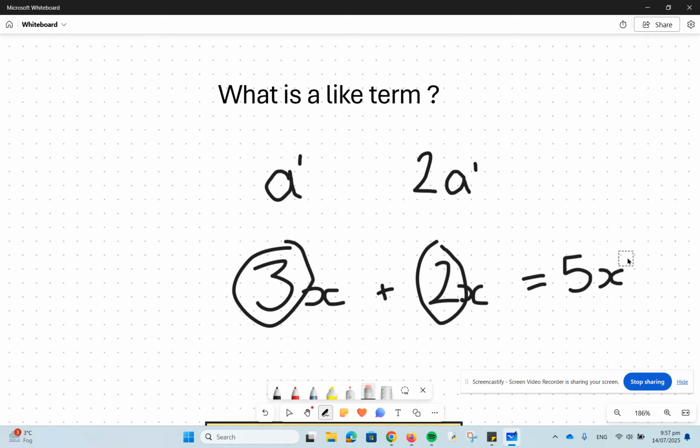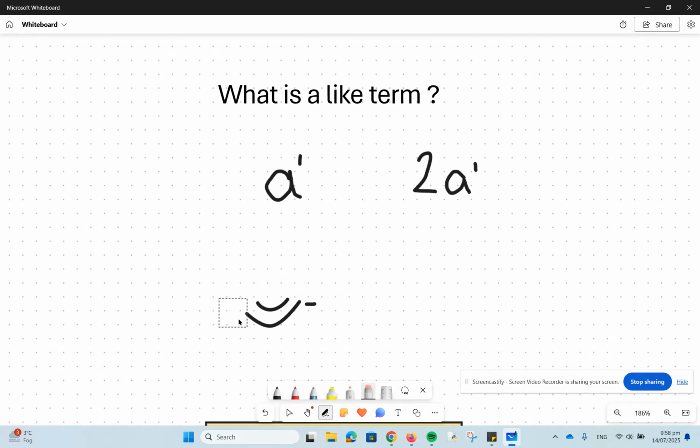See how the x's are staying the same power, to the power of 1, to the power of 1. So the answer is to the power of 1. I'm just adding the numbers in front, really. Okay, we'll do one more so you sort of get it. Okay, I'm just going to rub it out.